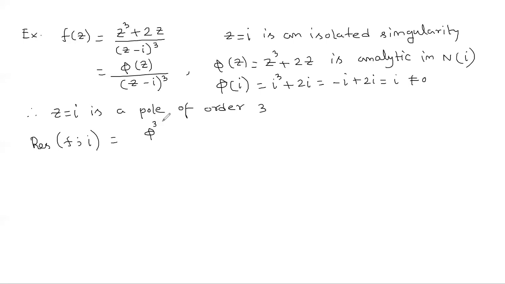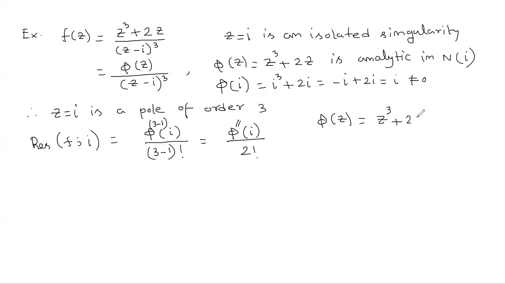That means the 3 minus 1th order derivative of phi evaluated at the point i divided by 3 minus 1 factorial. So here we require the second order derivative of phi evaluated at the point i divided by 2 factorial. Now phi of z is equal to z cube plus 2z.